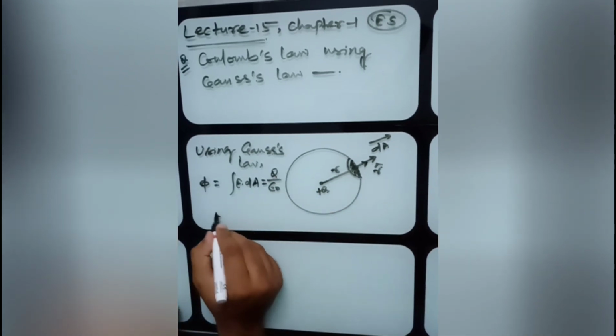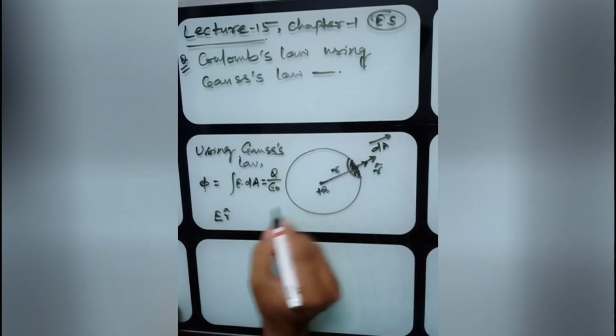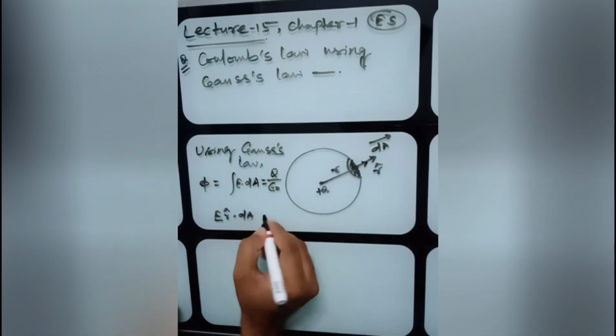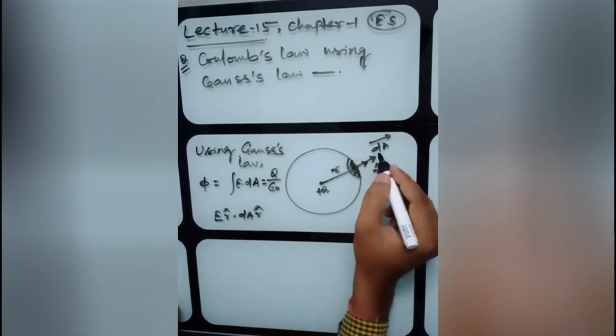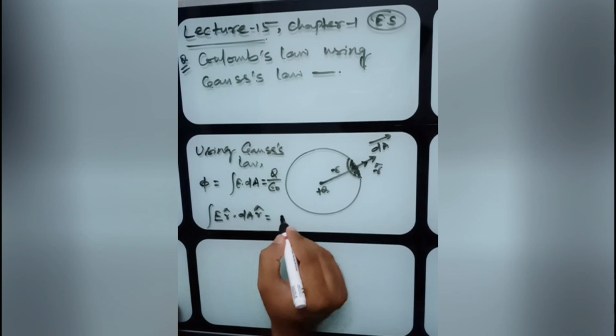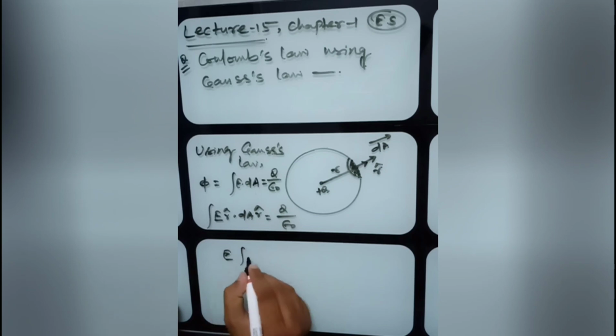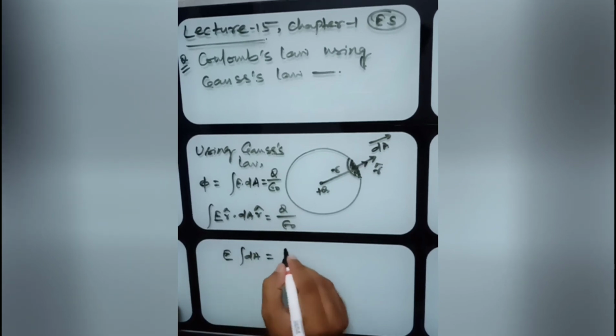Now E r cap, radially outward, dot dA, again r cap, since this area vector is also in the same direction, equals q by epsilon naught. Here the E will be taken out and the integral of dA, it is q by epsilon naught.